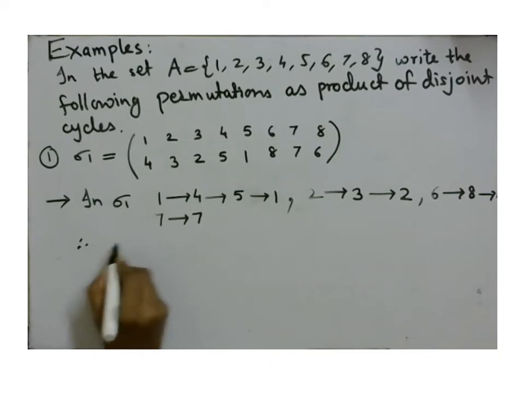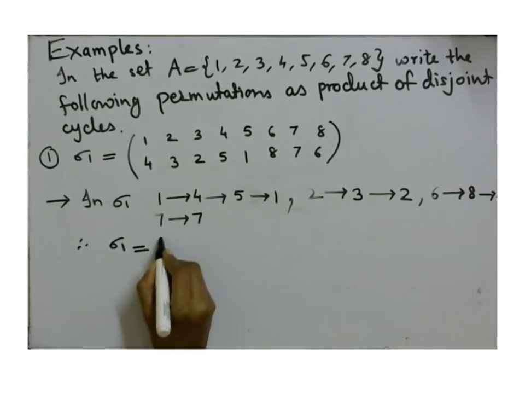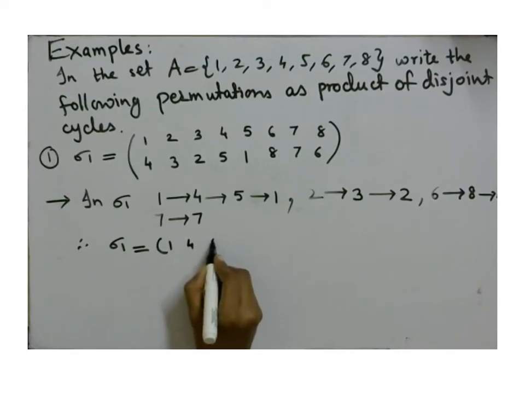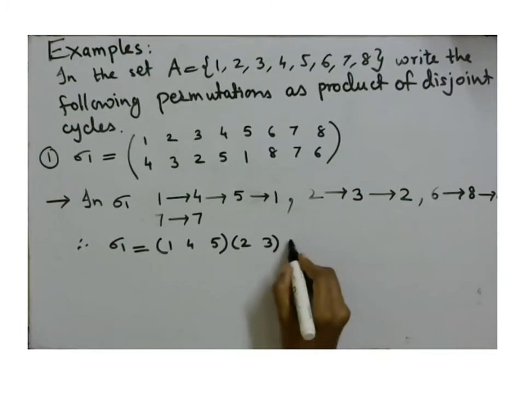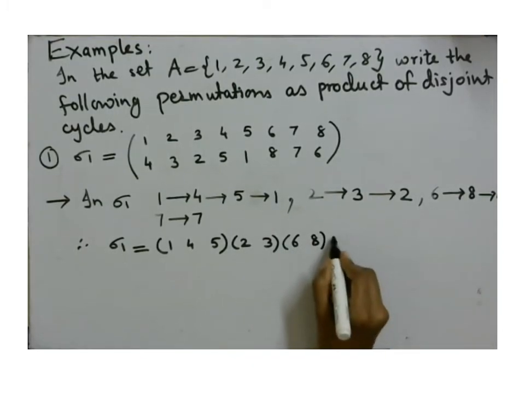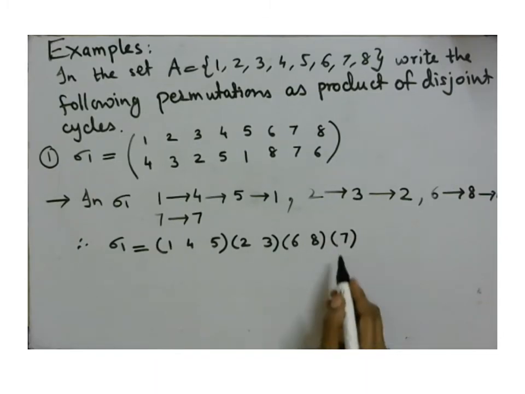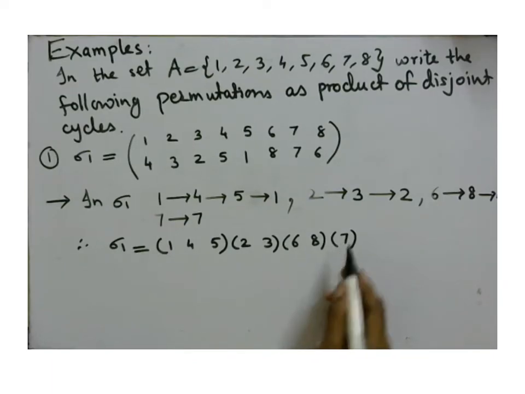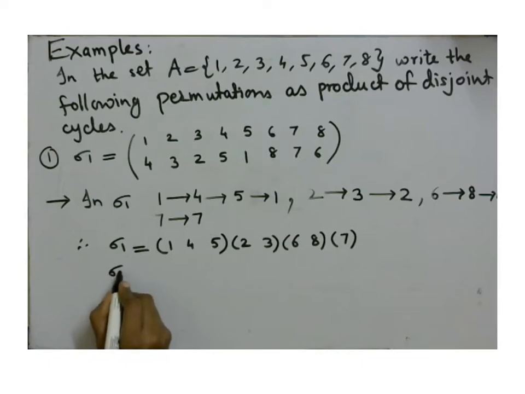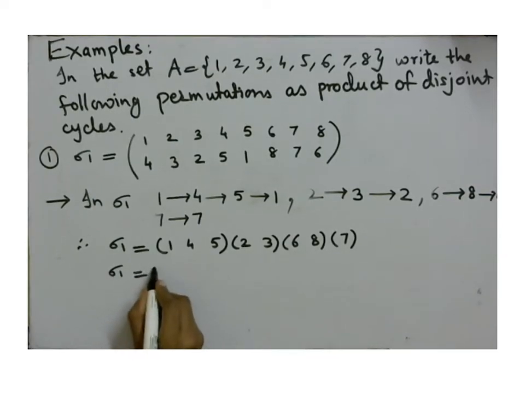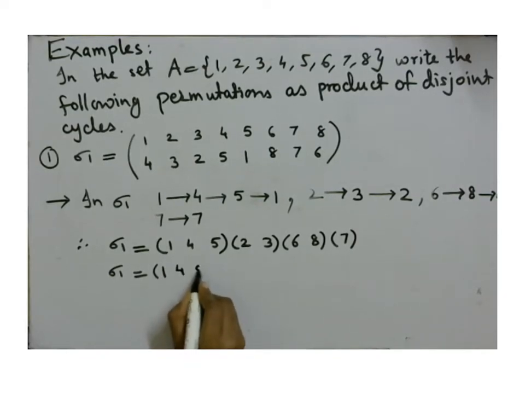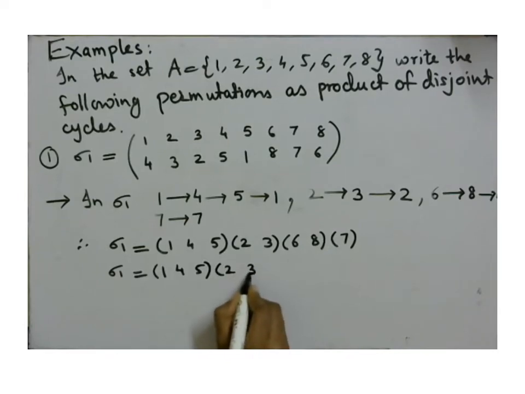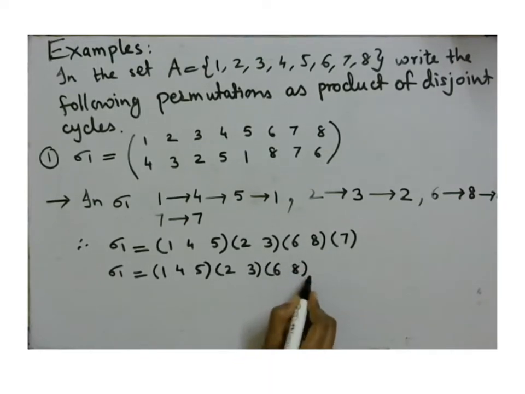Therefore the cyclic notation for sigma 1 is: the first cycle is (1, 4, 5), second cycle (2, 3), then (6, 8), and then the last cycle is (7), a one-cycle. These are 2-cycles, this is a 3-cycle. As we said, usually one-cycles are omitted; when a number is not there, it is understood that the number maps to itself. So you can write sigma 1 as (1, 4, 5)(2, 3)(6, 8).